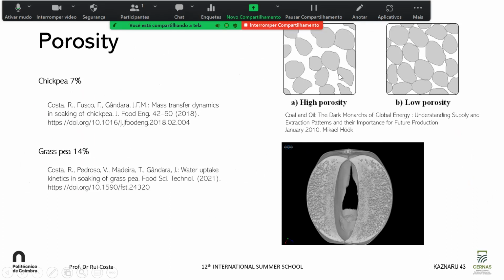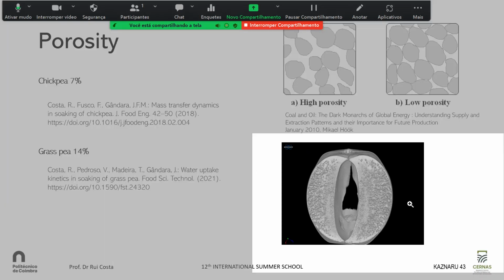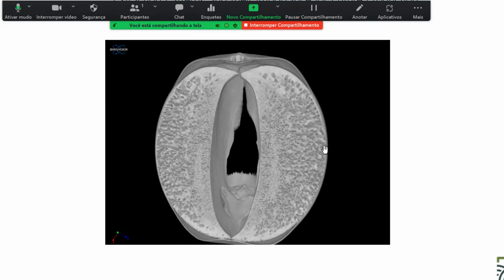So we can see here, I will show this in more detail. You see that these darker parts are holes, empty spaces. You can see here bigger spaces without any material, and close to the center there are fewer air spaces.